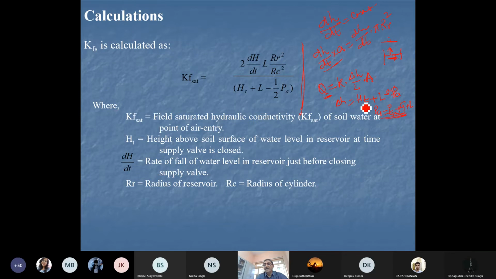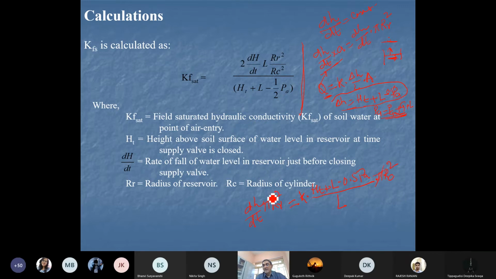Once you have this, you can find out this is the delta H, and then Q is equal to this. So dH by dt times pi RR square is equal to simply K into HT plus L minus 0.5 PA divided by L, the length of flow, into the area of the system, the cylinder which we have inserted into the soil, that is pi RC square.